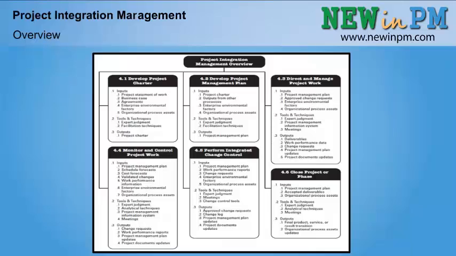To give you an example of project integration management, let's take an example of three friends who are planning to make a visit to an exotic location. Now, let's assume that one of the friends takes the entire responsibility of managing and arranging the trip. So what exactly are the things which he would want to make this trip successful?